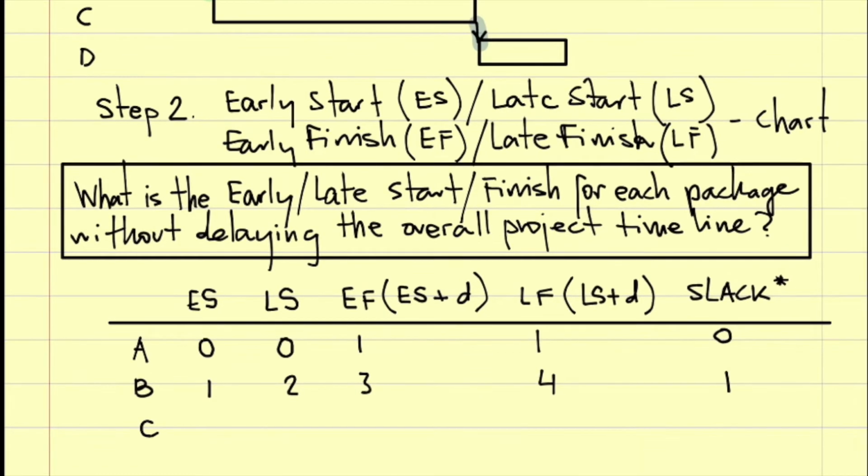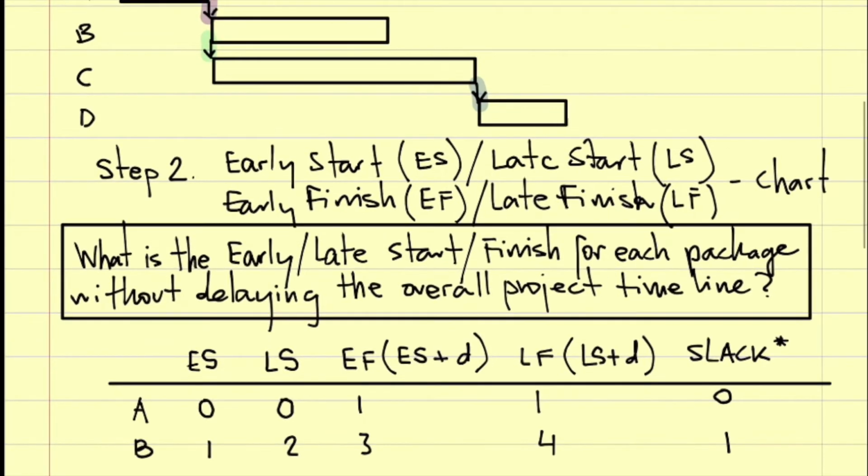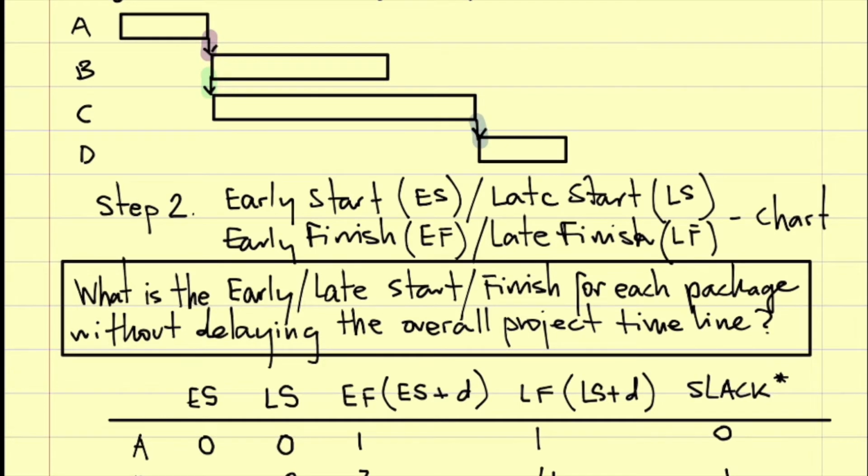What about C? Okay. So somebody want to do it? Yeah. Early start is 1. Late start is 3. No. Can I delay this C to 3 without delaying the whole?